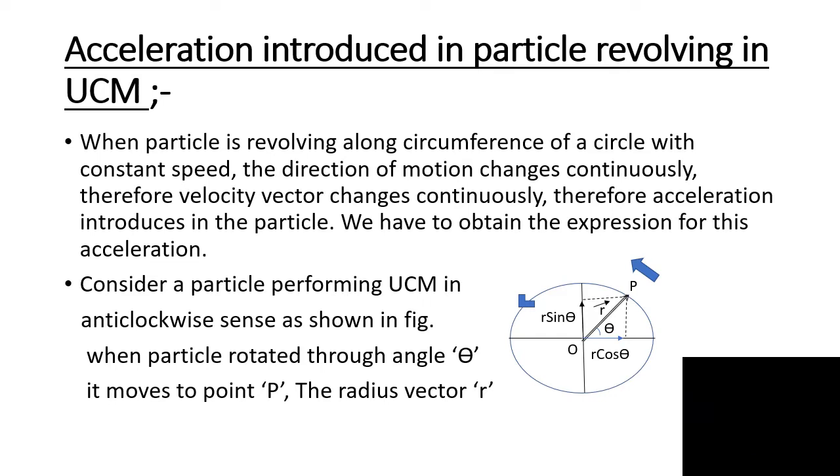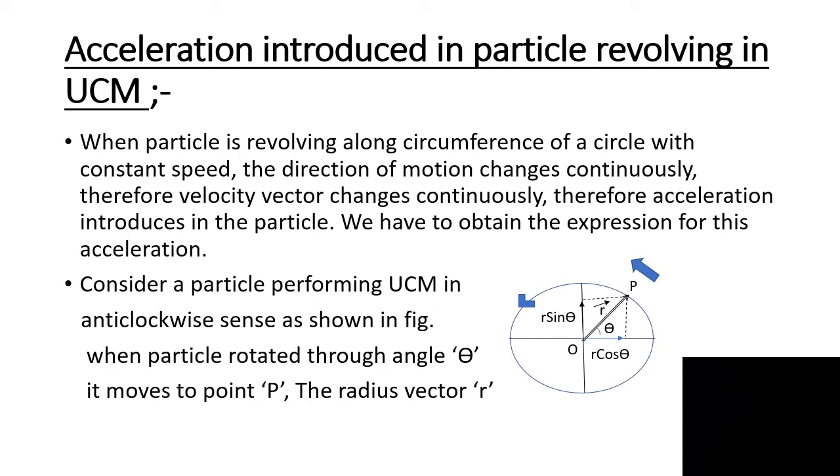motion. For this, consider a particle performing UCM in anticlockwise sense as shown in the figure. When the particle has rotated through angle theta, it moves to point P and the radius vector is r bar. This radius vector r bar is resolved into two mutually perpendicular components.